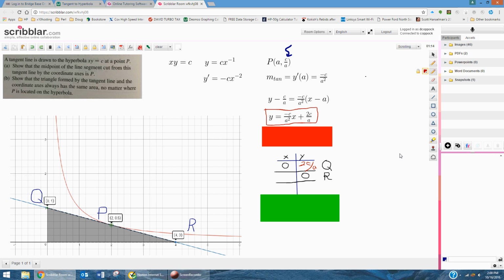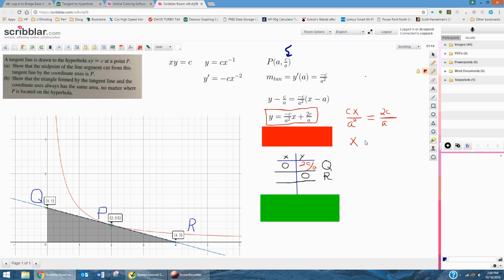Okay. Now, to get the coordinates of point R, I want to know when y is 0, what is the value of x? So you have to picture putting 0 in here for y, solving for x. That'll become, well, let's see, I'll get cx over a squared, transposing that term to the left side where I had a 0, equals 2c over a. Now I want to solve for x, so I'll multiply both sides by the reciprocal of the coefficient of x.